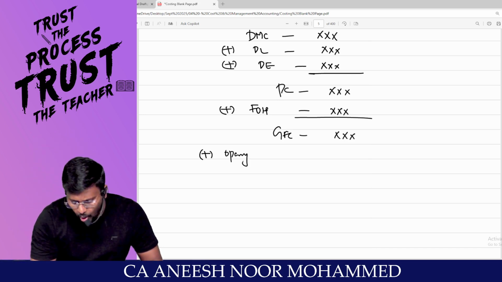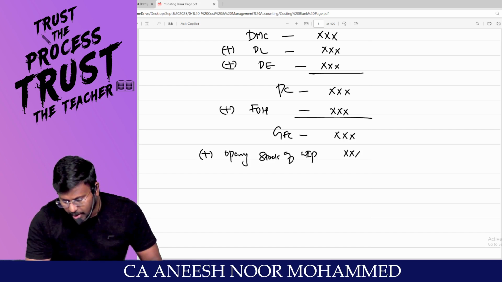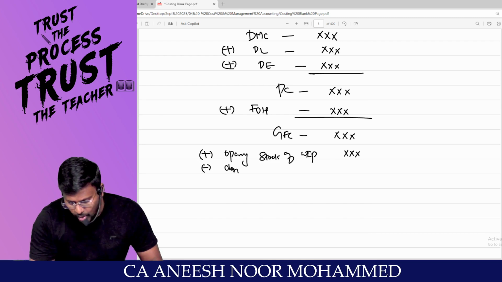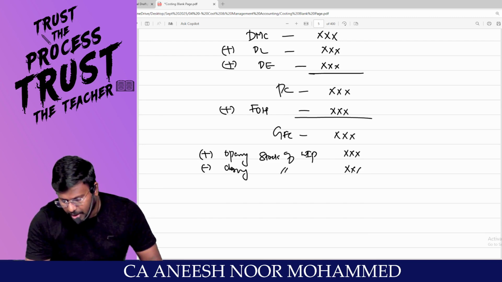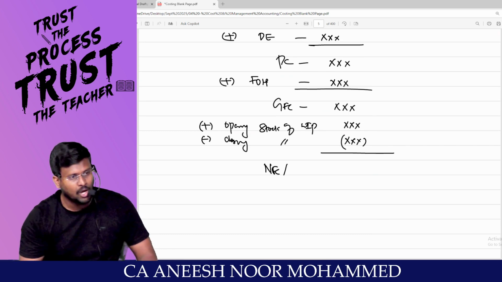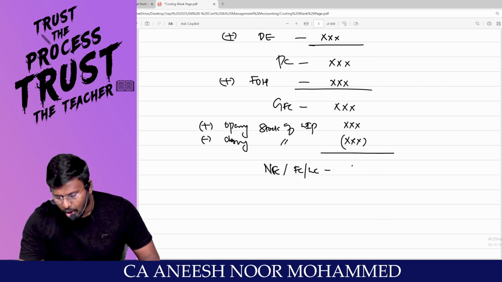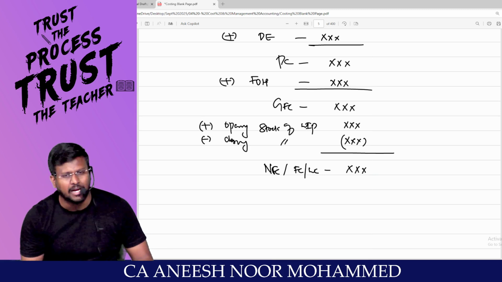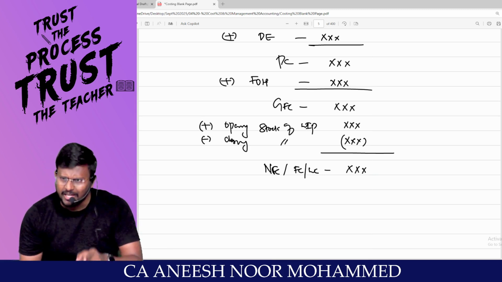Add opening stock of WIP less closing stock of WIP. I will get the net factory cost, or factory cost, or works cost. Now the product is ready.